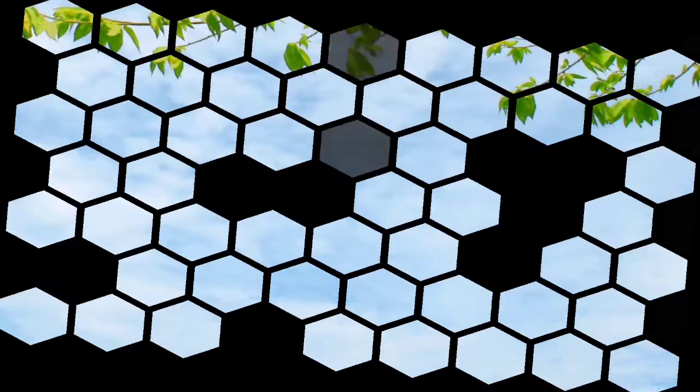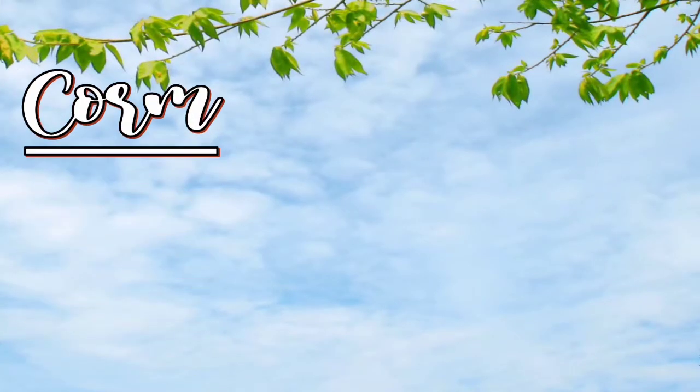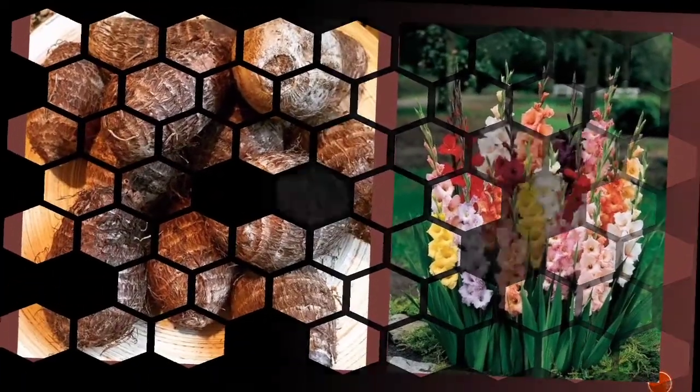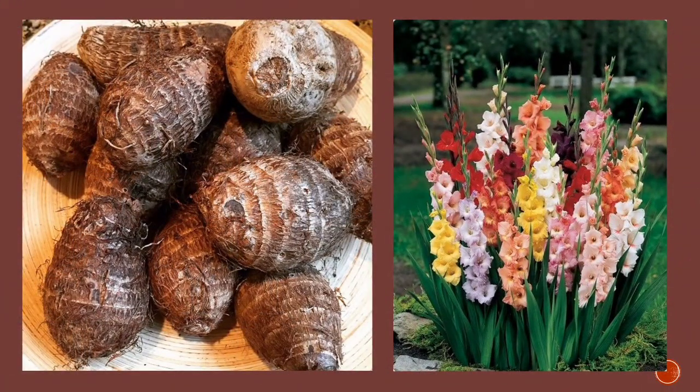Next, we have the corm. Not corn, but corm. Corm consists of a short stem with much stored food. It is thick and grows vertically. Okay, examples of this are gabi, gladiola, and taro.